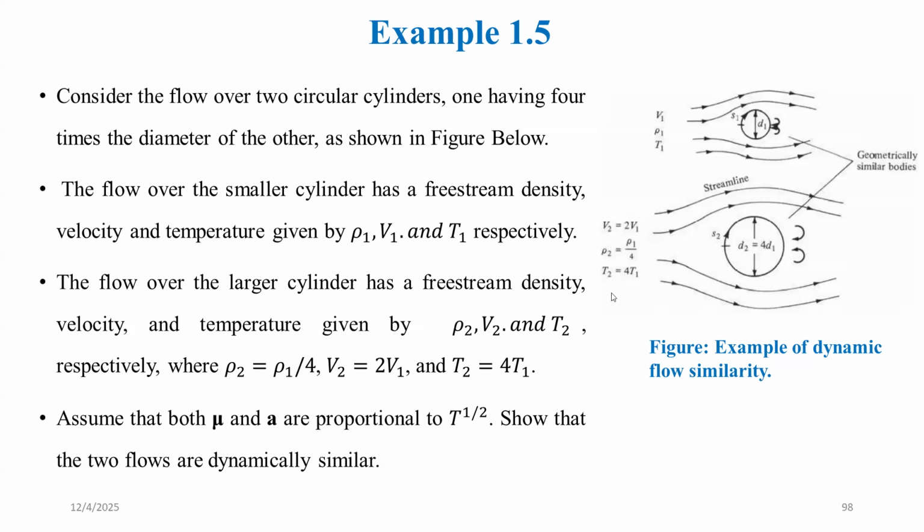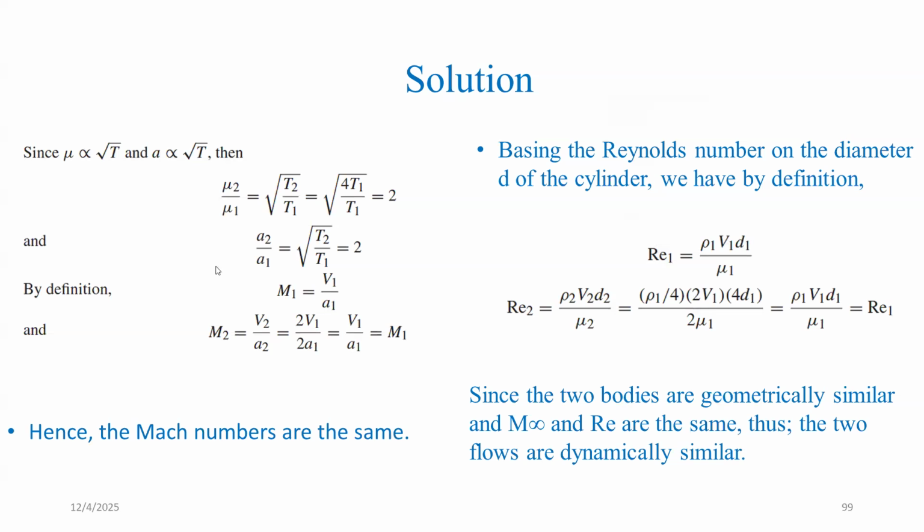So we can show that the viscosity μ2 over μ1 gives us 2, since viscosity is related to temperature T2 over T1.